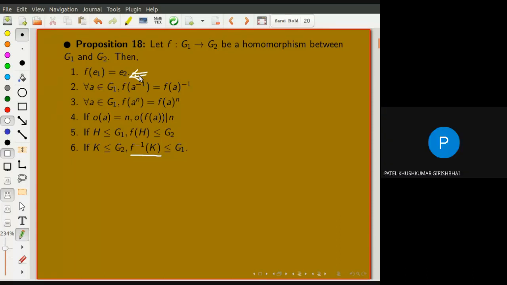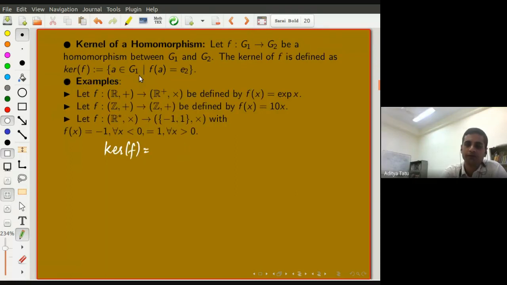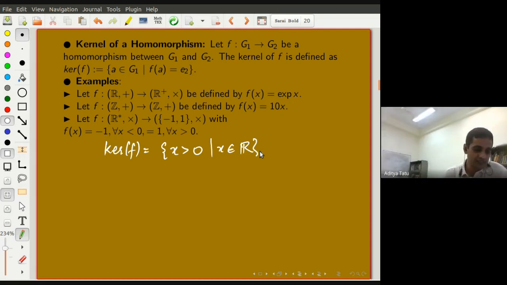So what is the kernel of this homomorphism? All x greater than 0, positive. So you can see the kernel of f must contain at least one element that comes from the first result of the last proposition, but in principle it can contain many more elements.